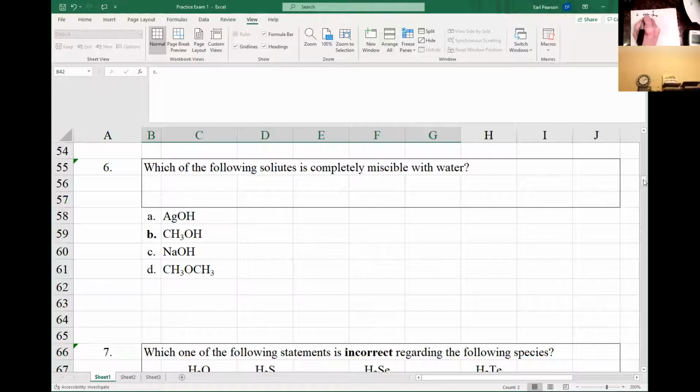So if hydrogen is bound to oxygen, or hydrogen is bonded to nitrogen, or hydrogen is bonded to fluorine, all of these are hydrogen bridged. So we're looking at a solid that has to be hydrogen bridged, because that's in water.